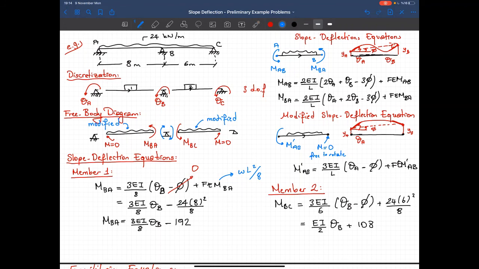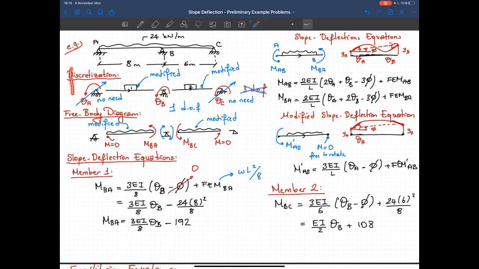From now on, I will be using the modified equation, and no need to calculate theta A. Again, I will be using the modified equation for this member, and this way I don't need to calculate theta C. I don't have 3 degrees of freedom, but I got 1 degree of freedom.